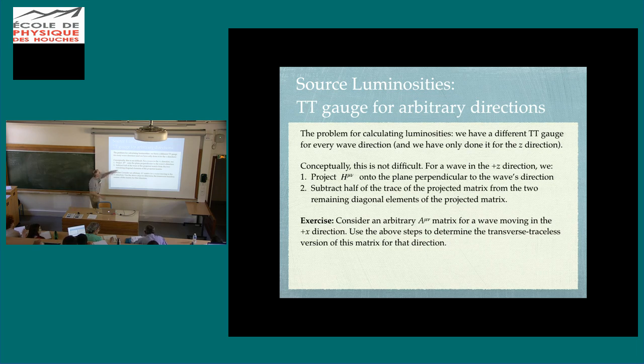Mathematically, right? Conceptually, for a wave in the z direction, what we did was we took our perturbation and projected it on the plane perpendicular to the direction of propagation.